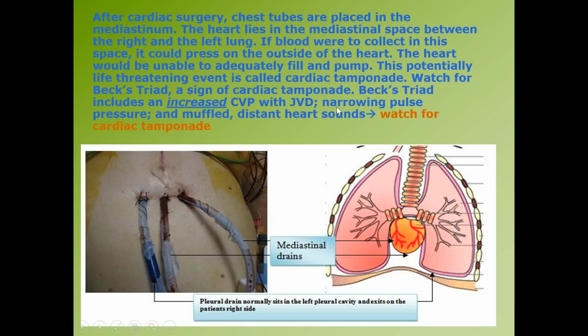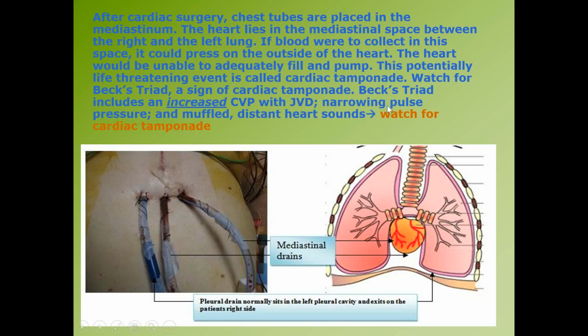So what value would give you a narrowed pulse pressure? Well, that would be a pressure of, let's say, 100/80. So if you subtract 80 from 100, now you have 20, and that's a sign of poor heart function. The other part of the Beck's triad is muffled or distant heart sounds.